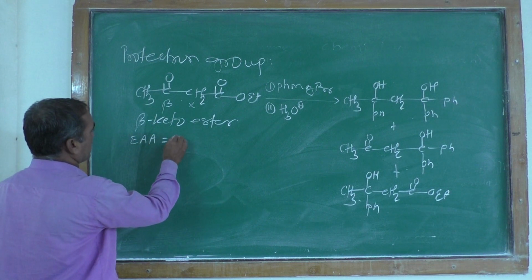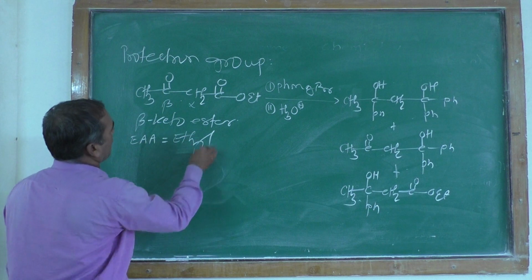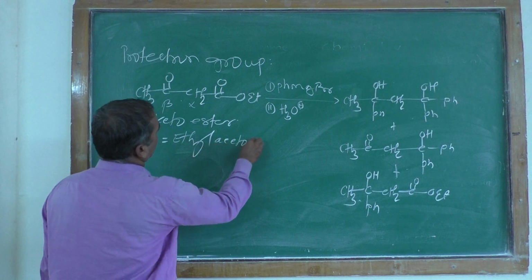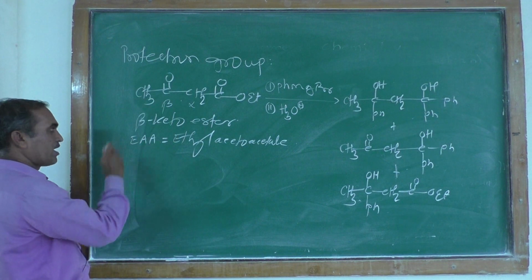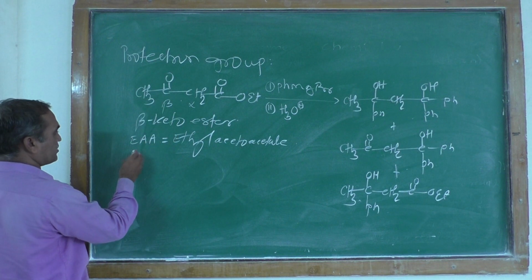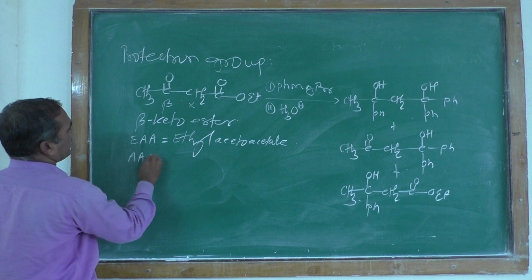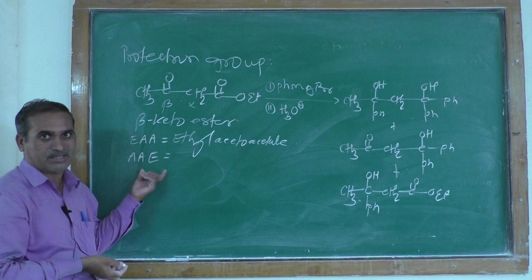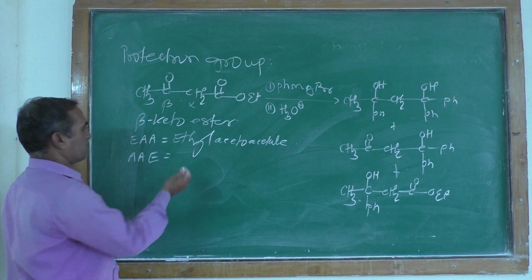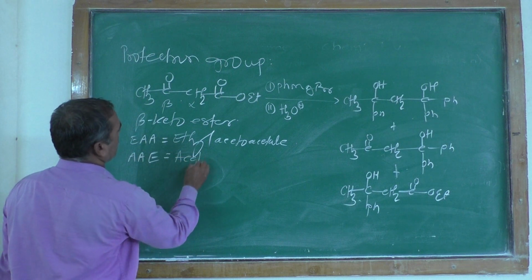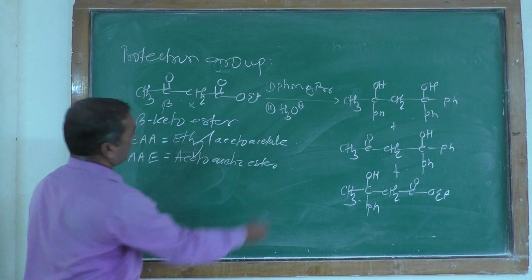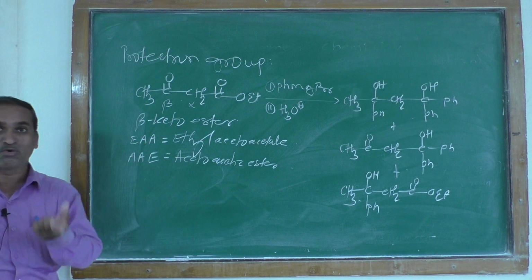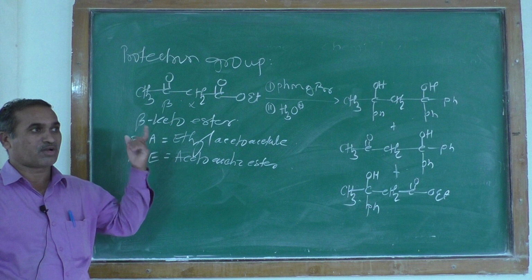EAA is known as ethyl acetoacetate, or we can also call it acetoacetic ester. So there are various names.